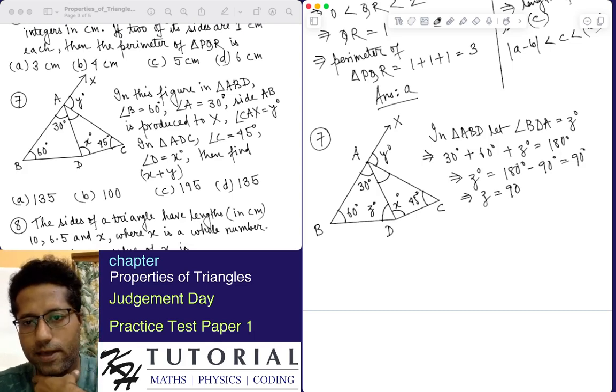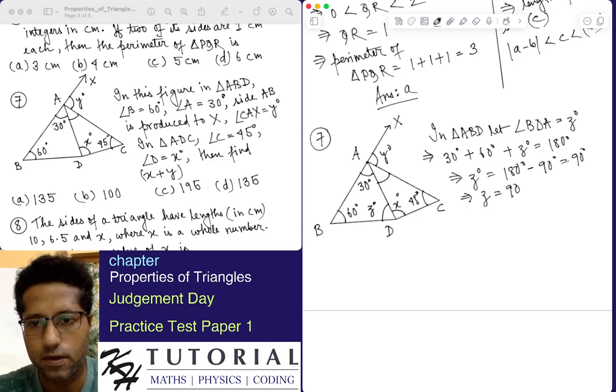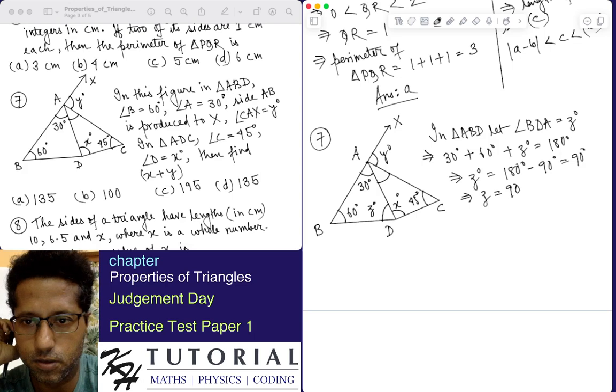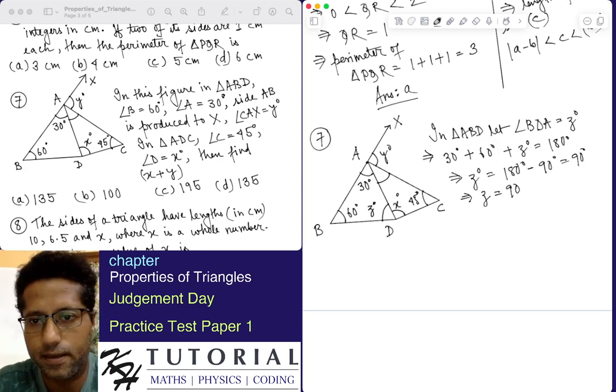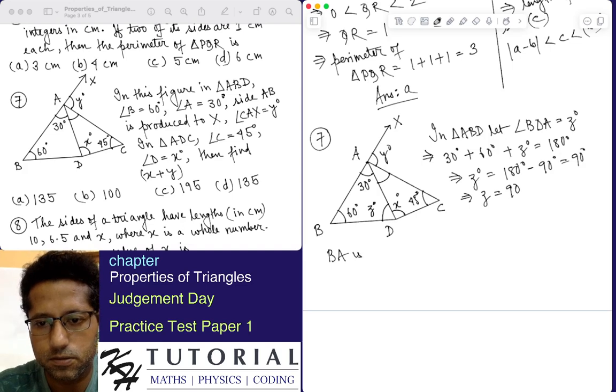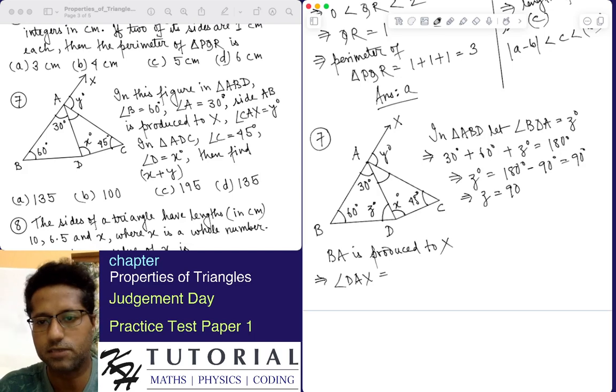Now BA is produced to X. We have to use this fact because it will create an exterior angle DAX. We have found Z. Now BA is produced to X, so angle DAX is the exterior angle.